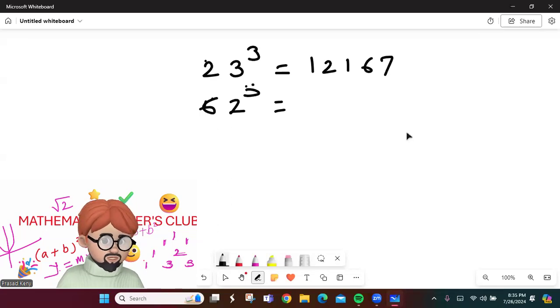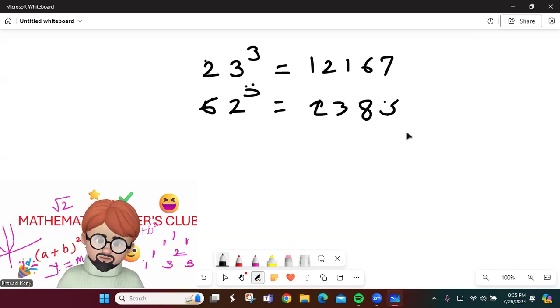You should get 62 cube as 2, 3, 8, 3, 2, 8, 238,328. So try these problems.